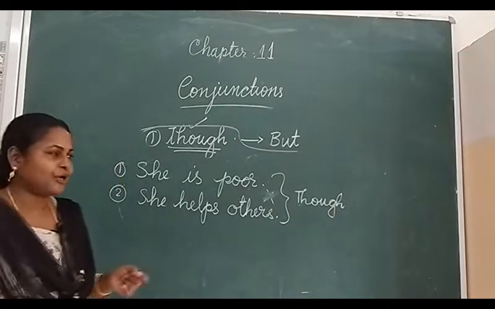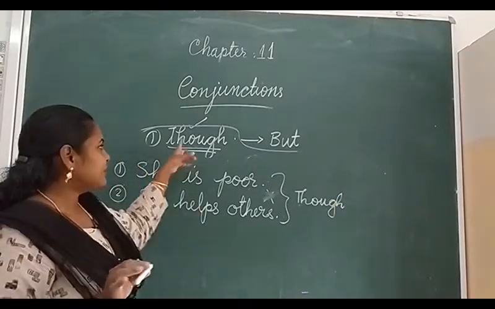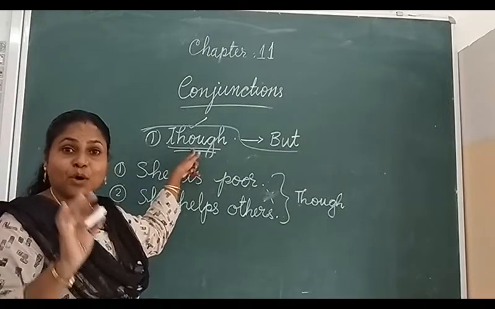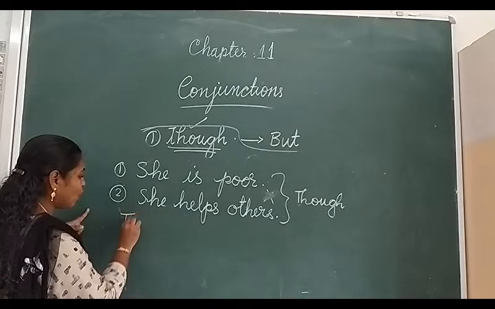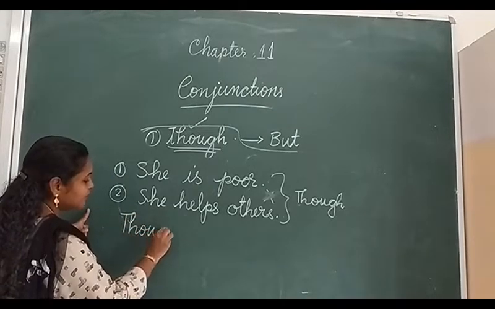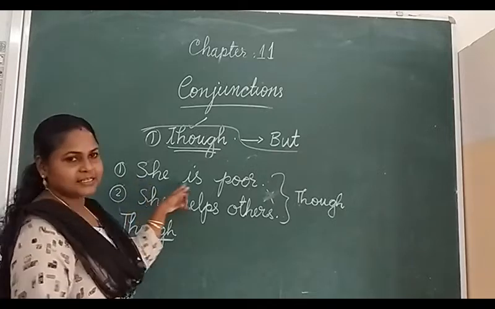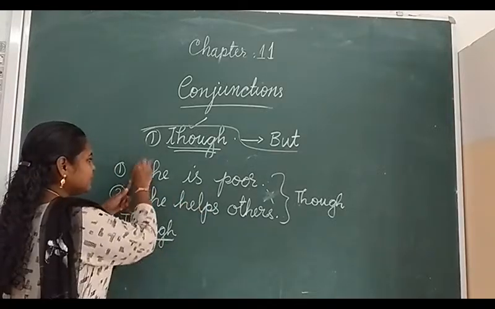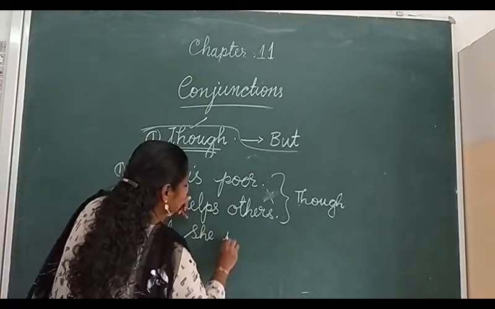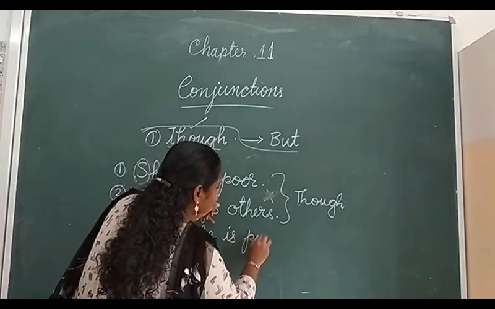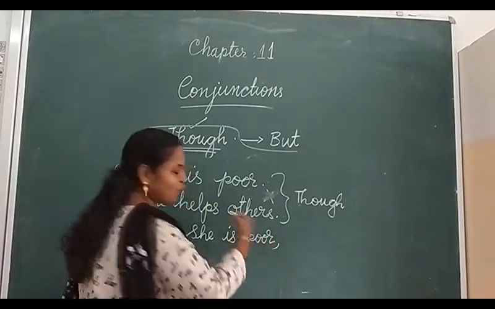Okay, let's join. Here, as we told already, this conjunction should come always in the beginning of the sentence. We can see here, in the beginning, though, then comes the sentence. Then this should be small letter. She is poor. Then what I have to do? I need to put here one comma.